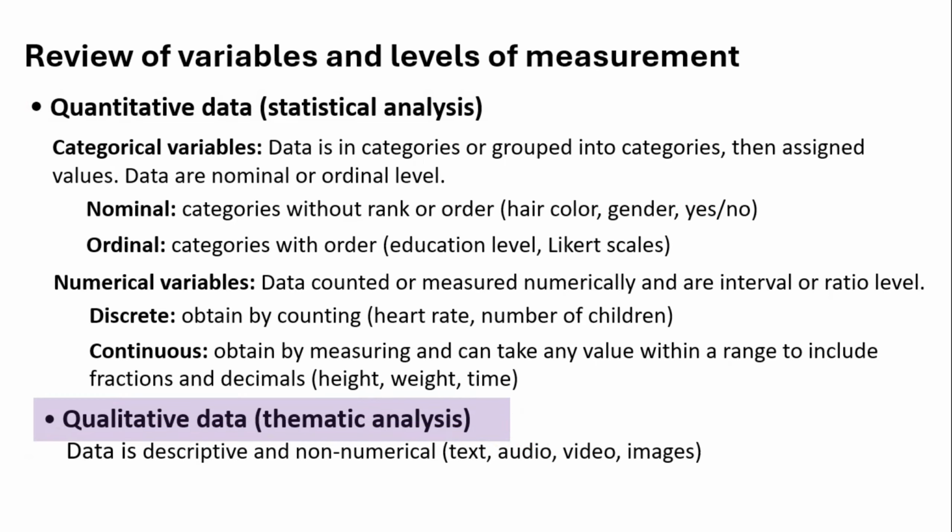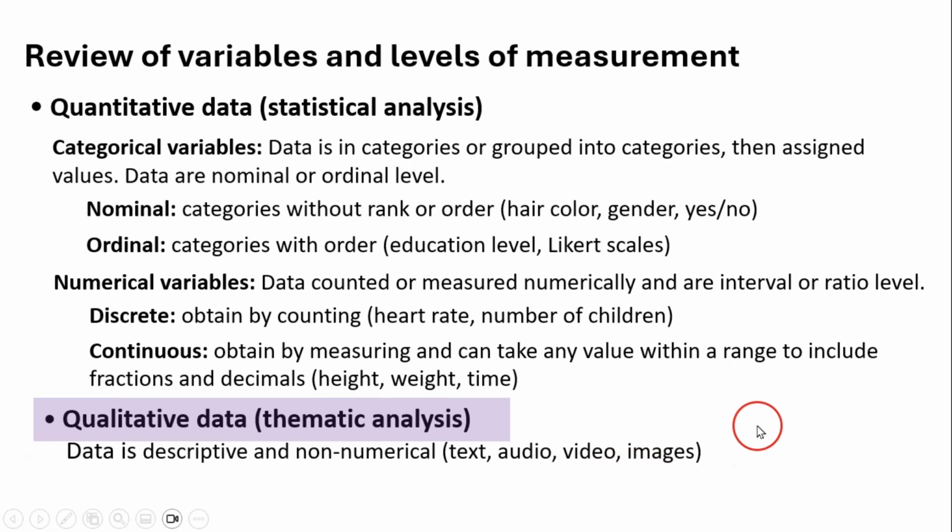This is non-numerical data, and it is used in qualitative studies, and you use a thematic type of analysis for this type of data. So the qualitative data is descriptive and non-numerical in nature, such as text, audio, video, and images. So for this course, though, we've been mainly talking about the quantitative.